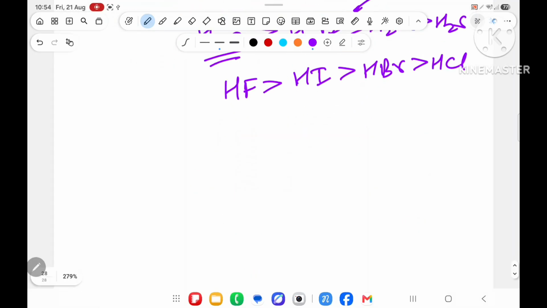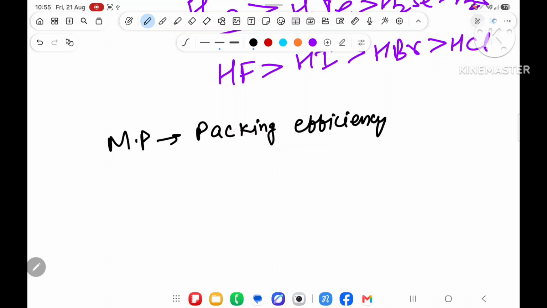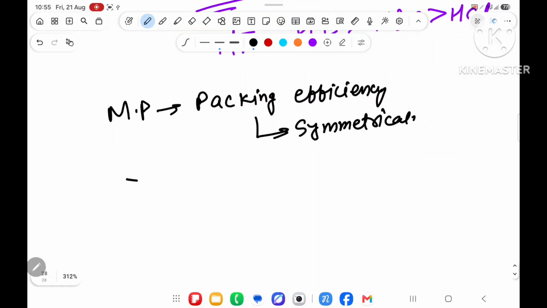Now the next part of the topic we have to know is the melting point. Melting point depends on packing efficiency. How much packed the compound is, that much is the melting point. And packing efficiency means symmetrical type. Over here, suppose I have given one question, trans alkene and cis alkene.